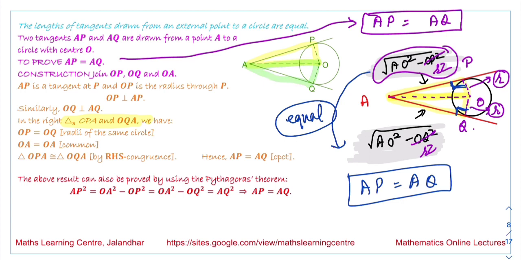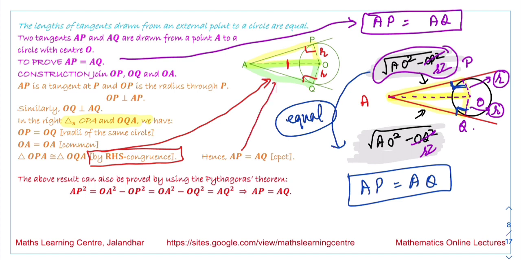In both these triangles, these angles are 90 degrees, OP and OQ are the radius, and OA is the common side. So both these triangles are congruent to each other by RHS congruence criteria, and hence AP is equal to AQ by CPCT. So it is up to you whether you use this congruence criteria or the Pythagoras theorem to prove the result.